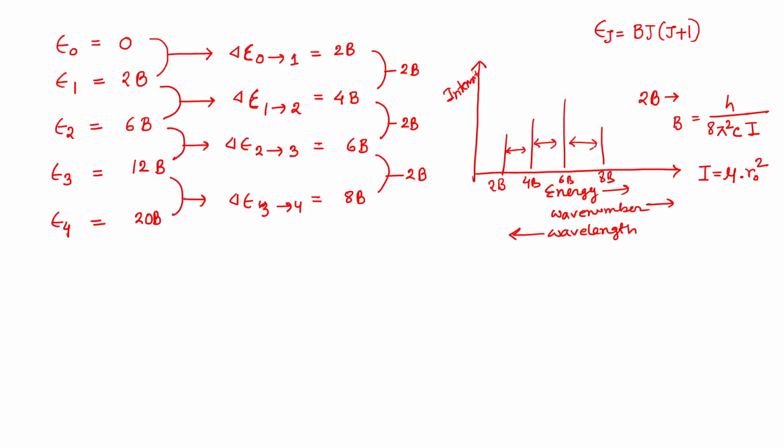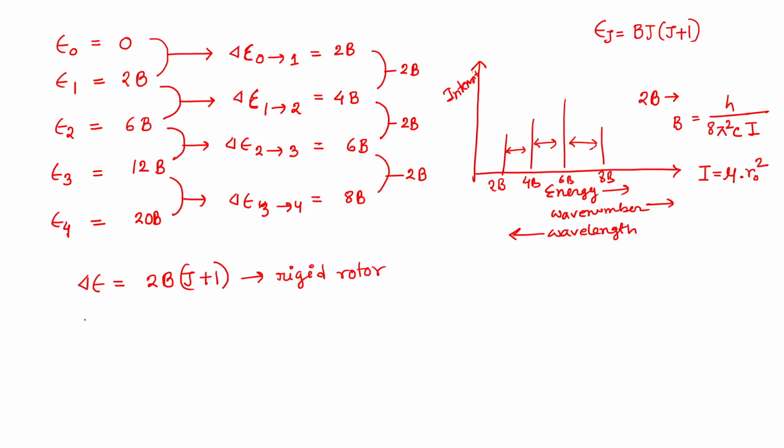So what will happen to the energy for a non-rigid rotor? Oh, I have not written one thing. I have given you these values, but I hope you already know the expression behind them. That is 2B into J plus 1, right? This is for a rigid rotor.